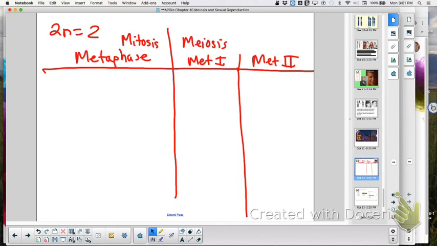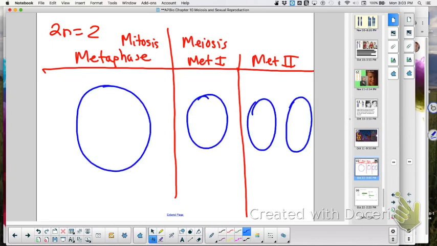Okay, go for it. All right, so when I say 2n equals 2, how many chromosomes are there total? 2 chromosomes. How many are there going to be in the gametes? 1.